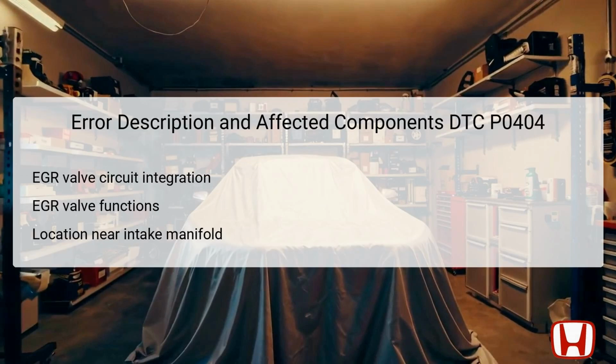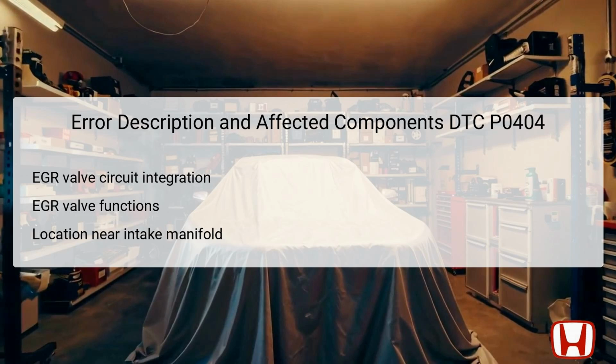The DTC P0404 is associated with the EGR valve, specifically highlighting the EGR valve's internal circuit performance. The EGR valve belongs to the larger emissions control system, which also includes the EGR valve position sensor that monitors valve position and feeds back to the engine control module, ECM.